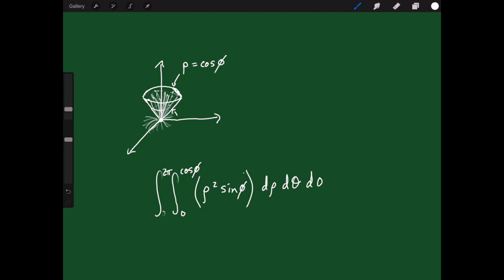Then, what about phi? Phi starts at 0, and we keep picking up volume until we get to the edge of the cone, and then we stop. What's that angle?